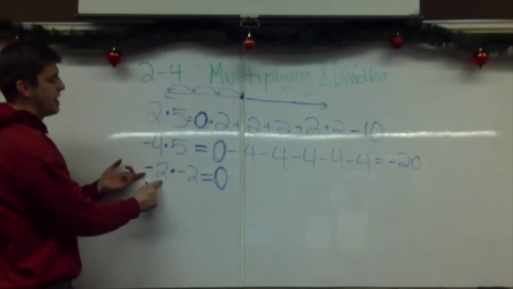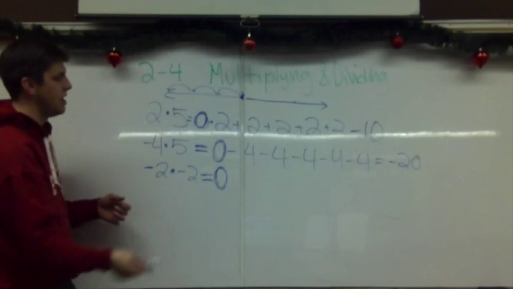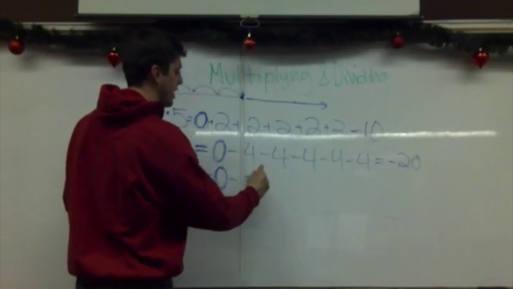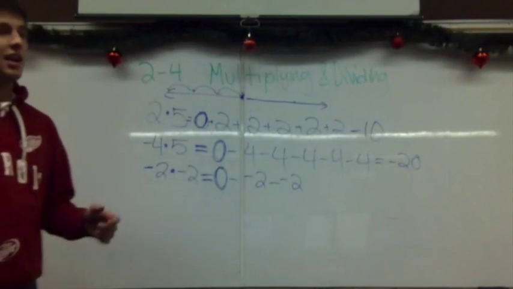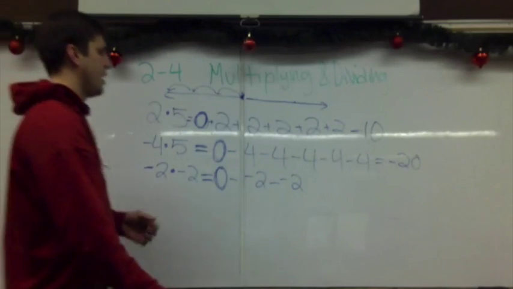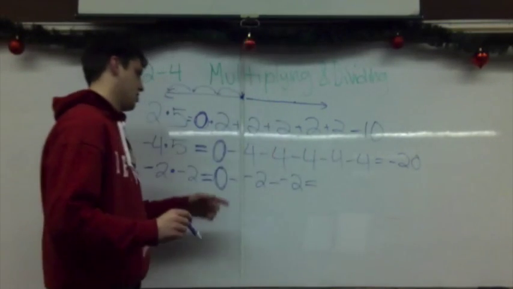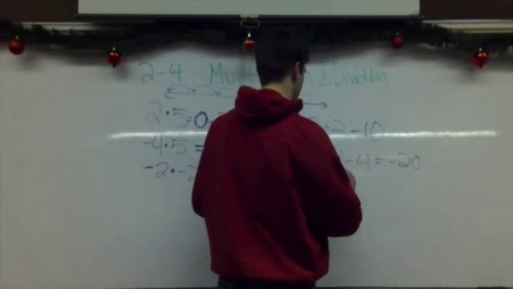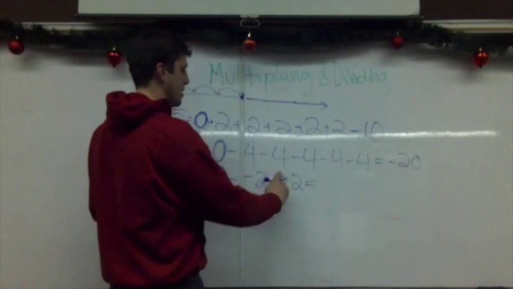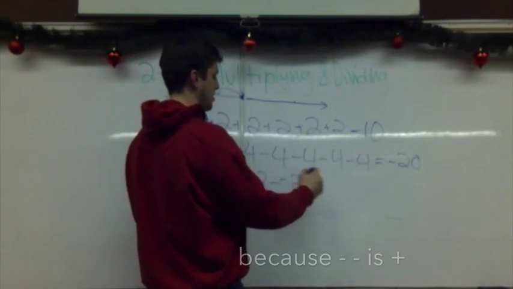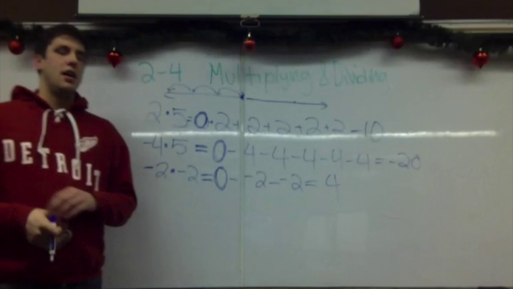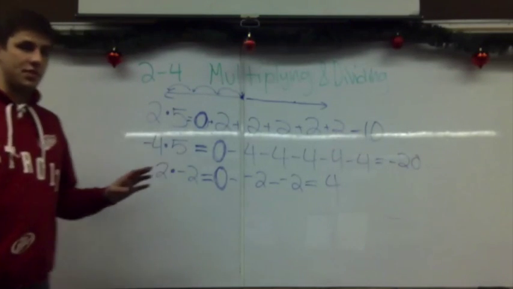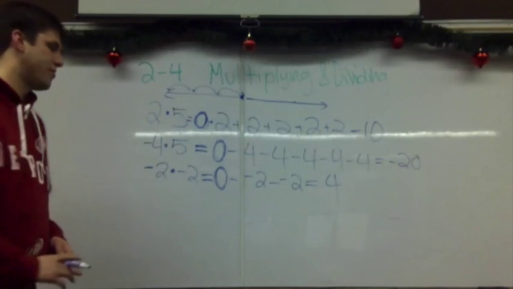Taking away negative 2, and then taking away negative 2, and that is going to equal 0 minus negative 2, minus negative 2. Both of these are going to end up being plus, so it's 0 plus 2 plus 2, which is going to be positive 4.